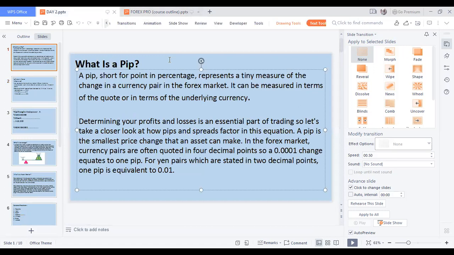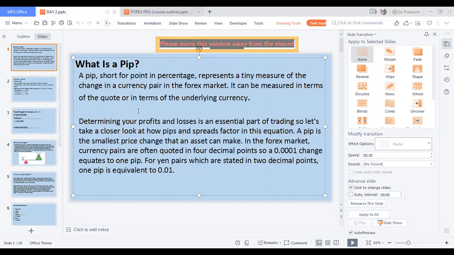What is a pip? A pip is known as percentage in point, and it represents the change in a currency pair in the forex market. It can be measured in terms of the quote or in terms of the underlying currency.